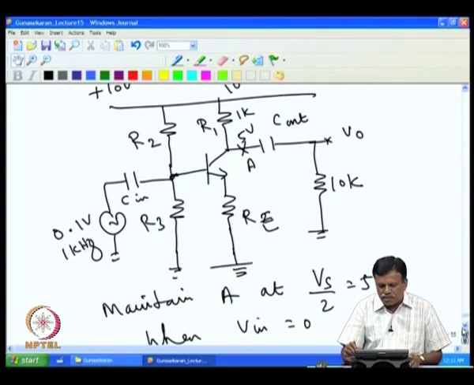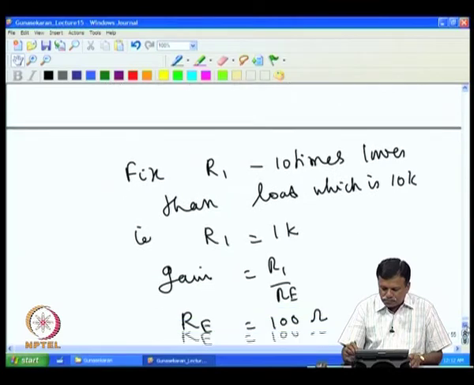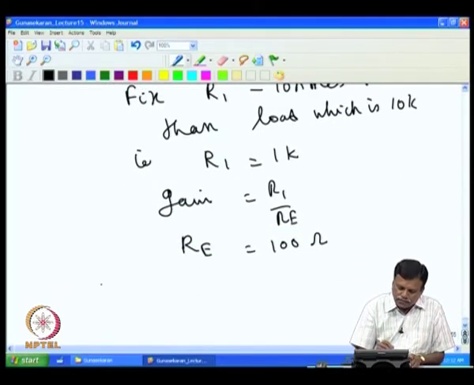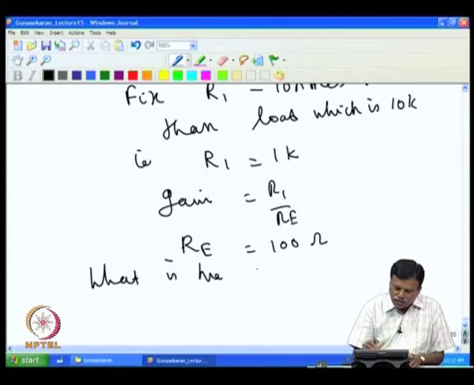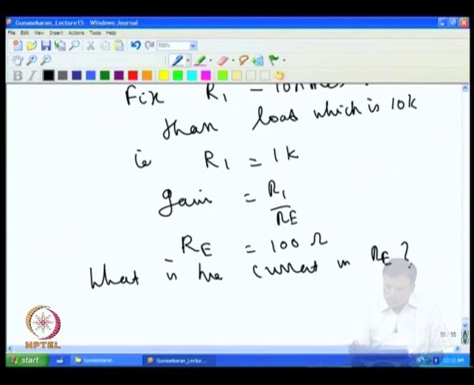So, the next step is finding the current through RE. What is the current in RE? The current in R1 is equal to the current in RE.